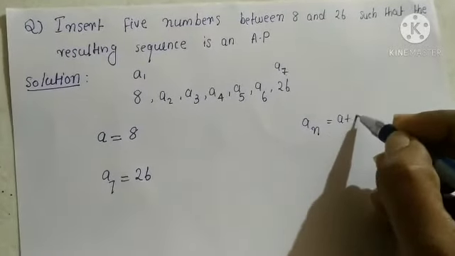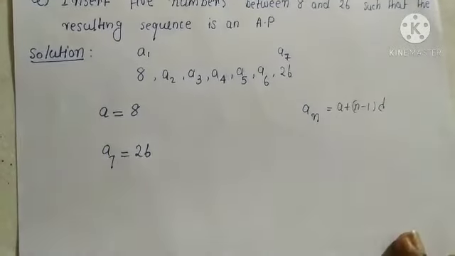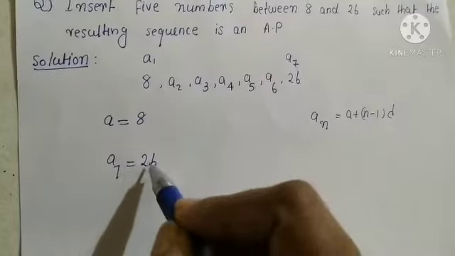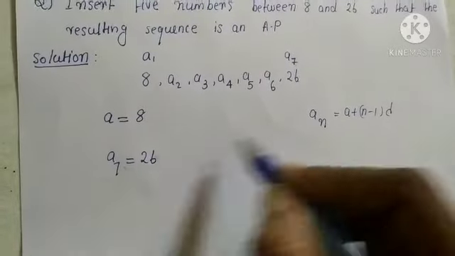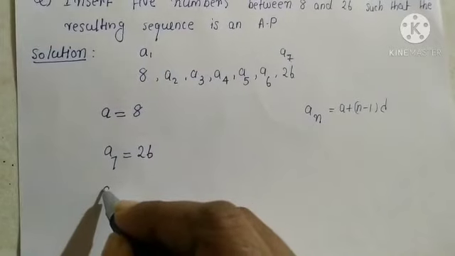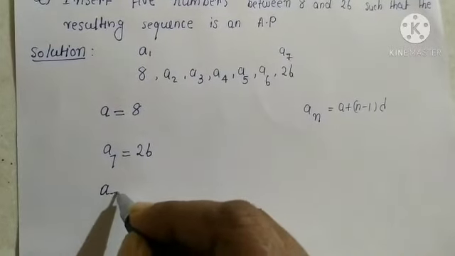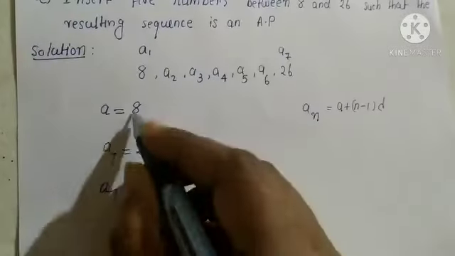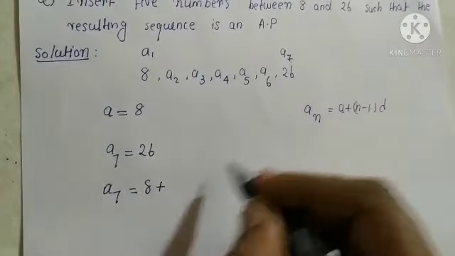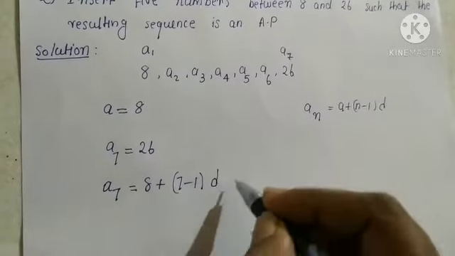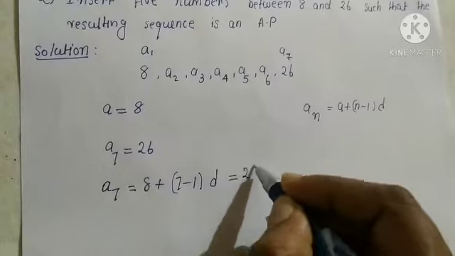We know the standard formula for finding the nth term is A plus (n minus 1) into D. Replacing n by 7, we get A7 equal to A plus (7 minus 1) into D, where A is 8, which will be equal to 26.